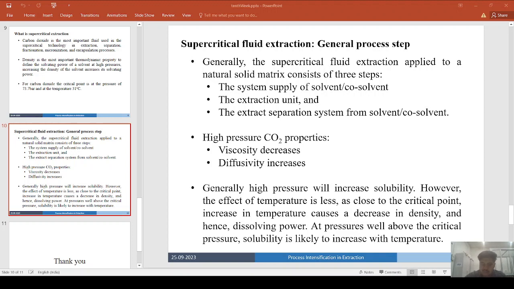Another example is the phytosterol extraction. So phytosterols or plant sterols are non-volatile triterpenes, and the great majority of these compounds are formed by carbon with one or two carbon-carbon double bonds.